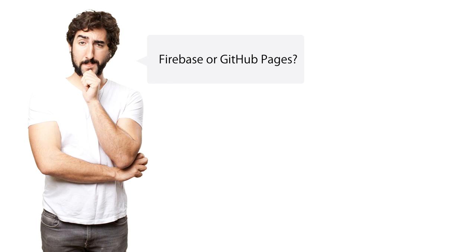Now, deploying to Firebase has an advantage over GitHub Pages because GitHub Pages is a simple solution for hosting static content. So as you saw in the last lecture, our application didn't have a backend. Well, more accurately, it did have a backend, but we didn't build that backend. So all we get from GitHub Pages is a host for static content.